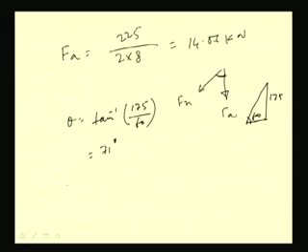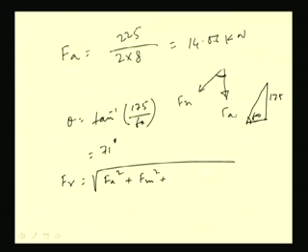So, resultant force F r can be found from this equation, that is F a square plus F m square plus 2 F a F m cos theta.